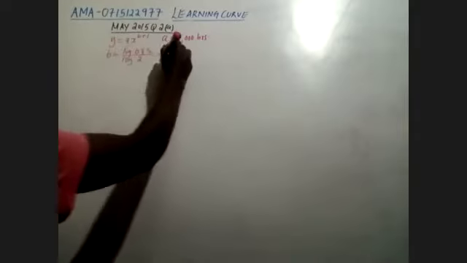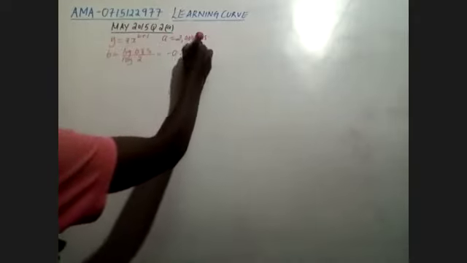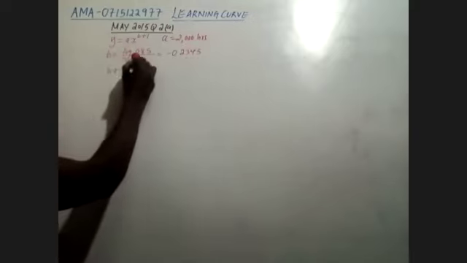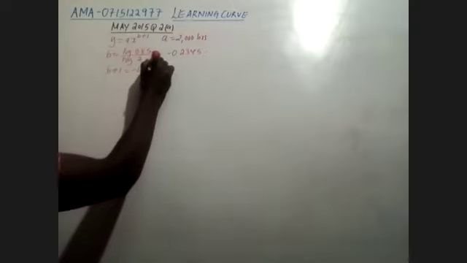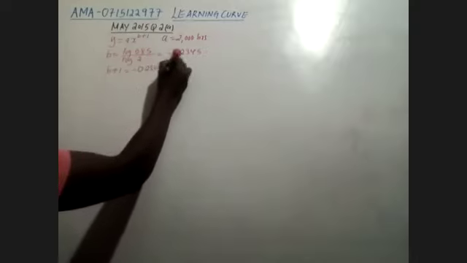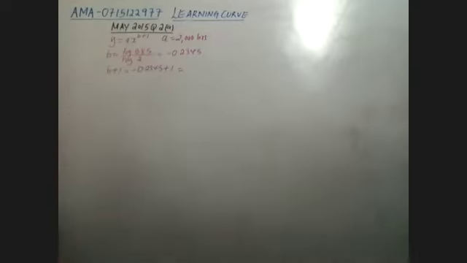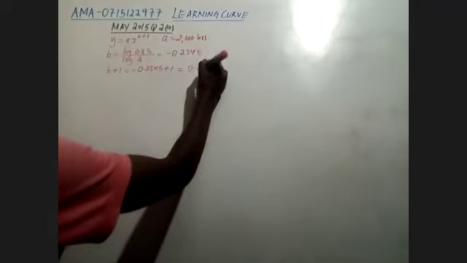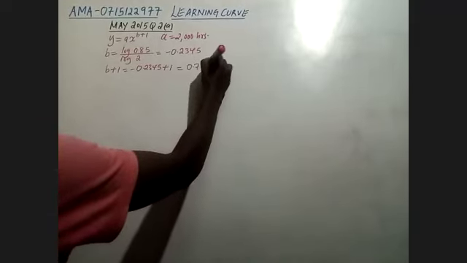I think that is what is in the answer. So B plus 1 is negative 0.2345 plus 1, which is 0.7655.